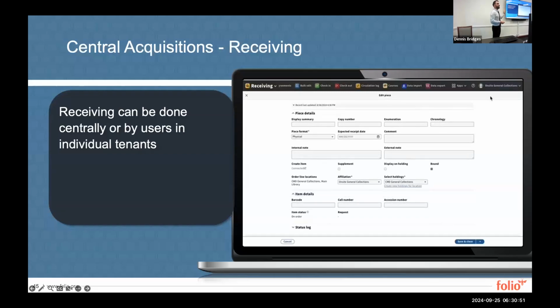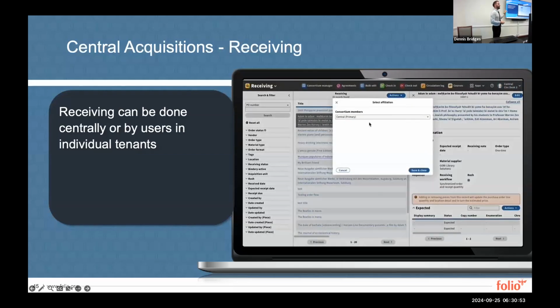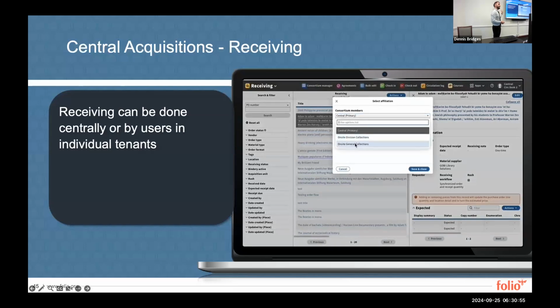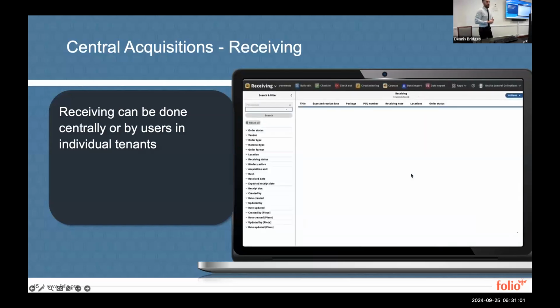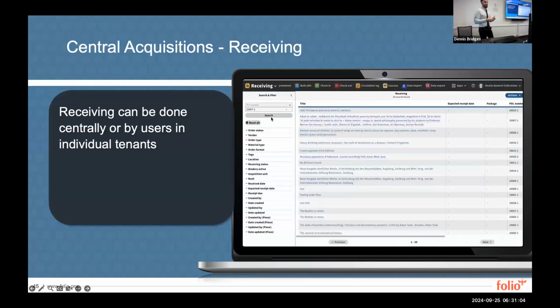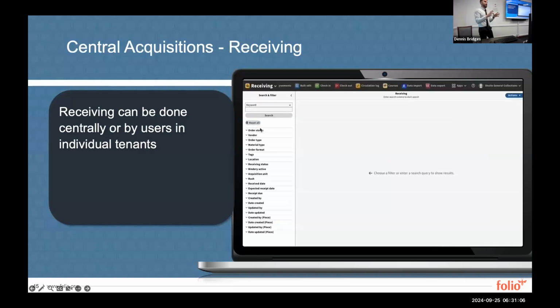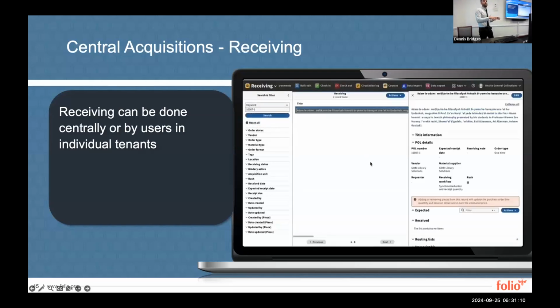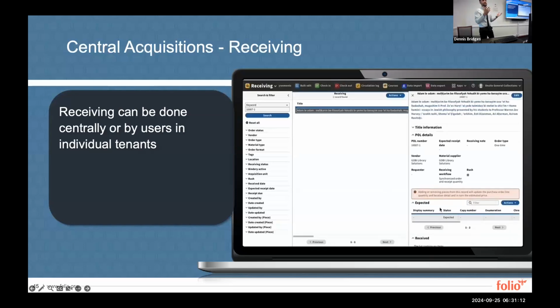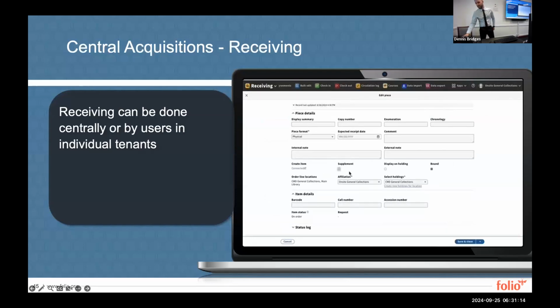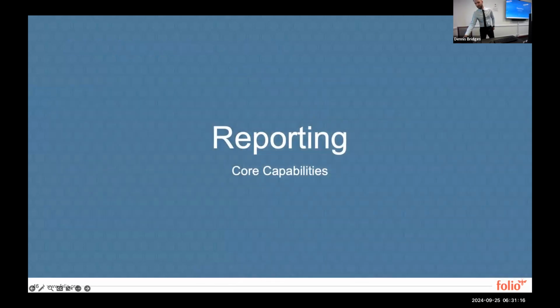And you can configure whether that option appears or whether it always looks at the central order data or always looks at the local order data. So that's in settings. What that essentially allows is that a user who is only affiliated with a member tenant can still receive material that was centrally ordered. That kind of makes sense.